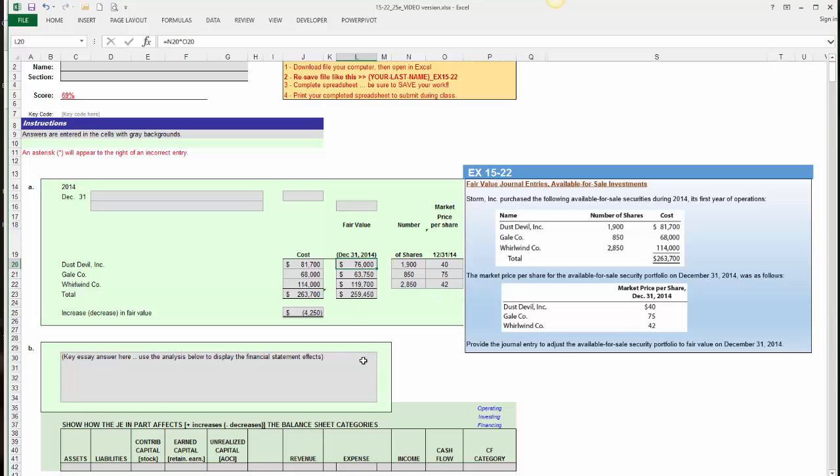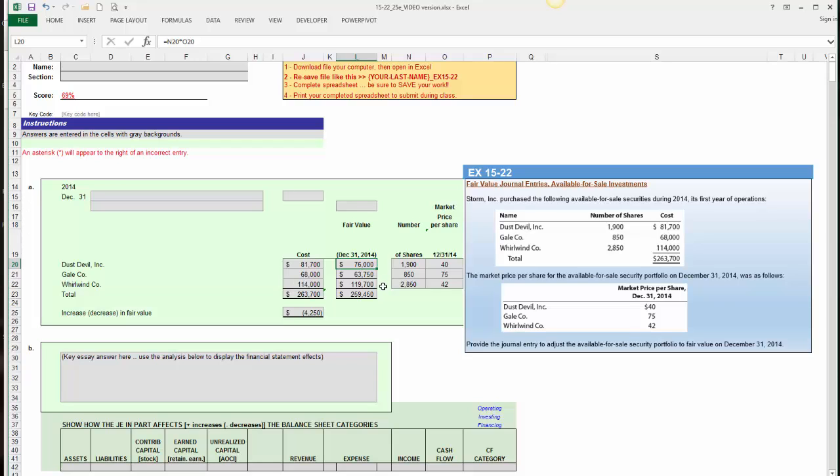In the fair value column, what we want to do is to enter formulas that would multiply the number of shares times the price per share to get the fair value of these shares. So you can see the Dust Devil shares, 1,900 at 40 gives you 76,000. For the Gale Company, 850 shares at $75 a share produces a fair value of $63,750.